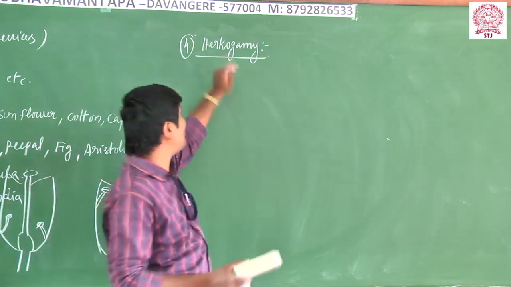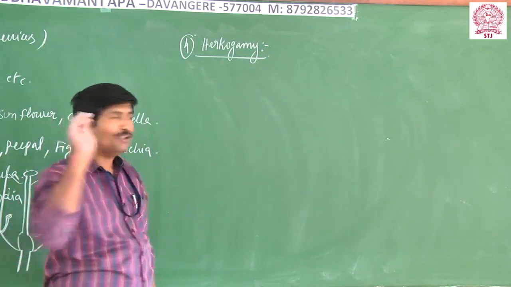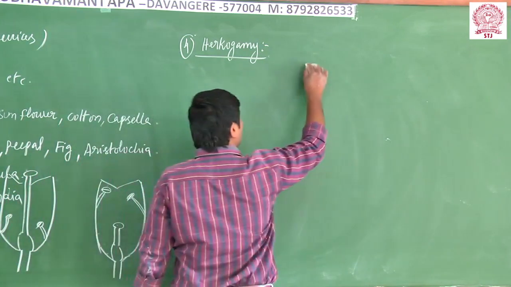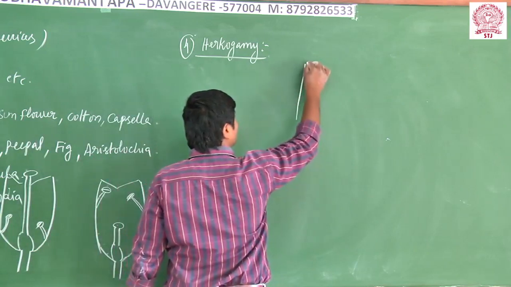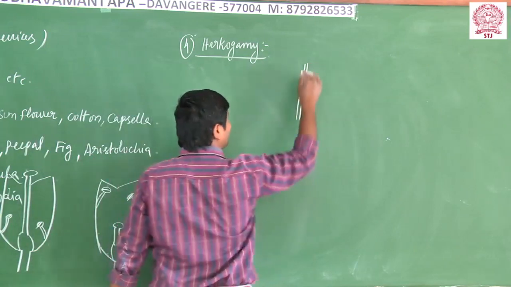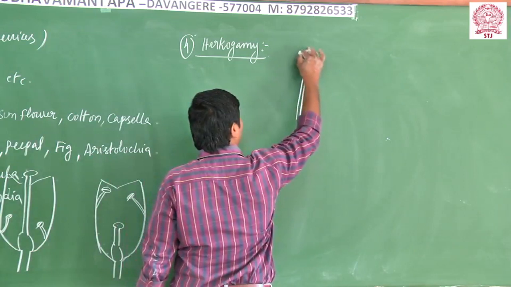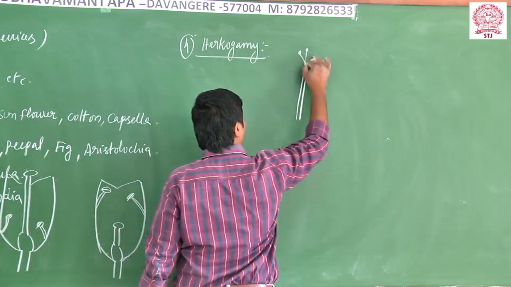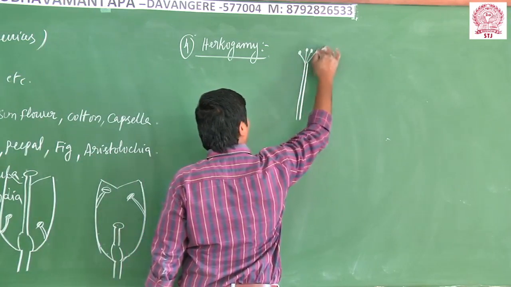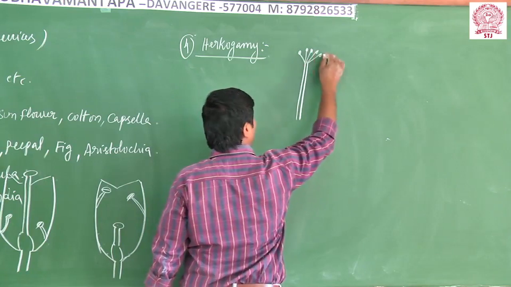That condition is known as herkogamy. To take the best example, hibiscus. In hibiscus flowers, these are the stigmatic lobes. They contain a total of 5 stigmatic lobes.